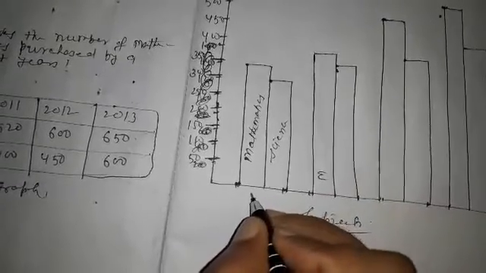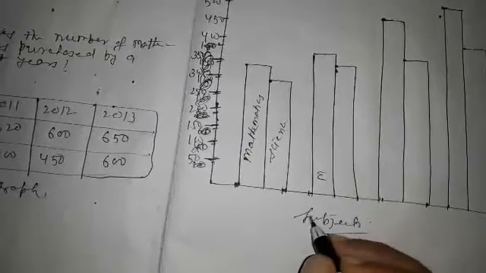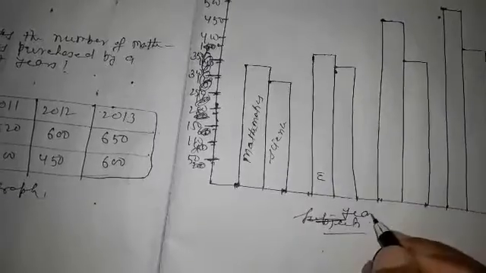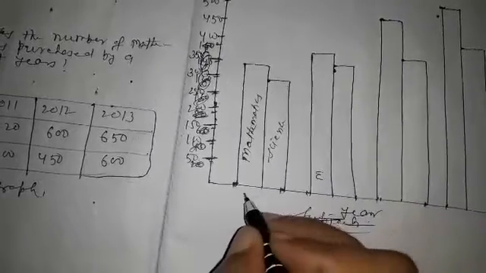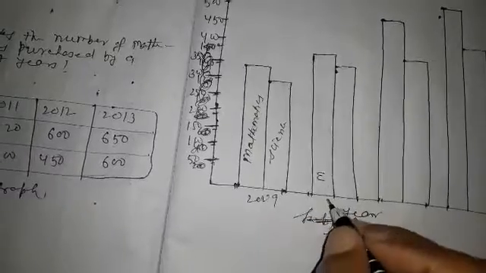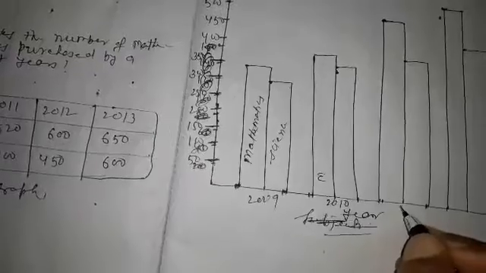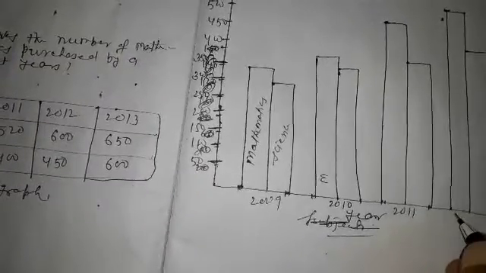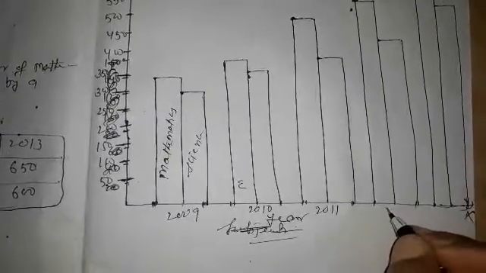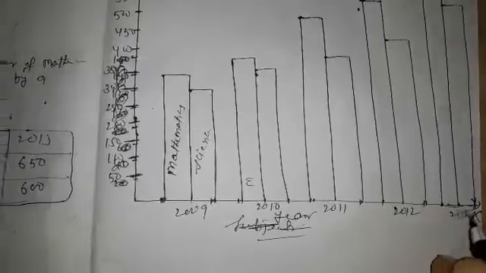Here the axis shows the subjects, here the number of books, and this denotes the year: 2009, 2010, 2011, 2012 and 2013.